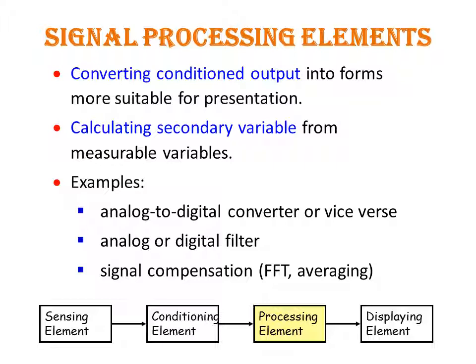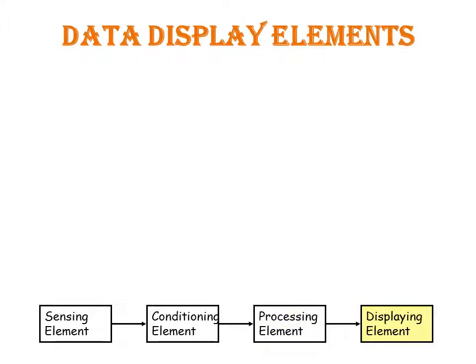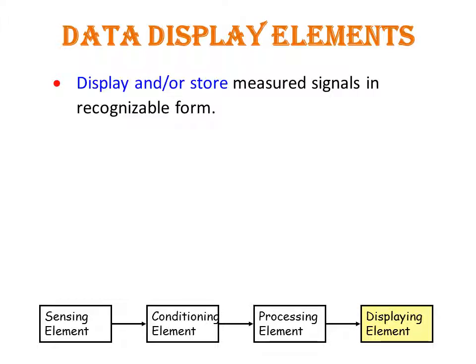It can be a filter, analog or digital. It can be a signal compensating circuit. All these circuits act as processing element, calculating the secondary variable from the measured variable which will be suitable for presentation.